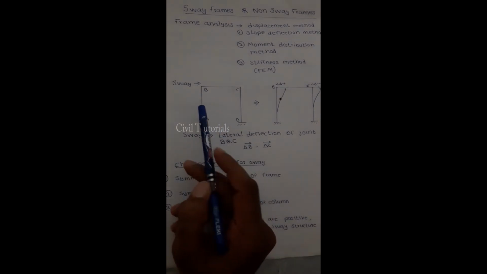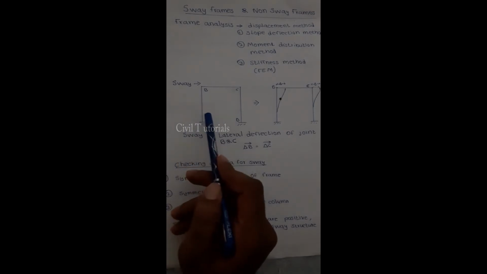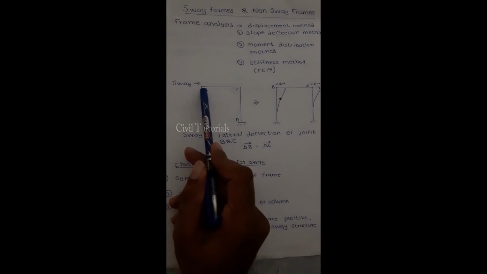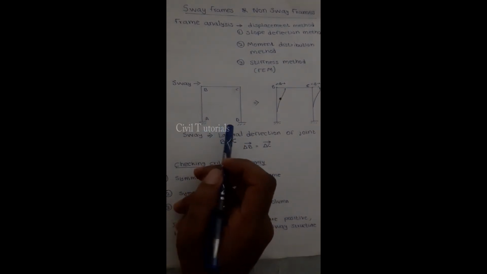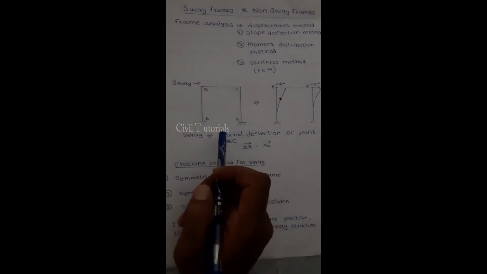If the loading is symmetrical, then the structure is a non-sway structure. Sometimes if we have a uniformly distributed load over B to C, it is also a non-sway structure because it is symmetrical on both sides.